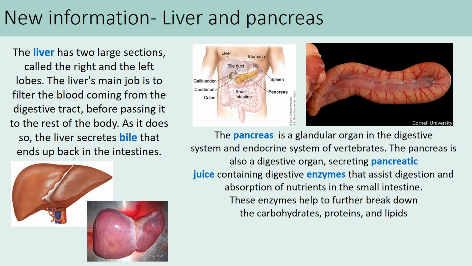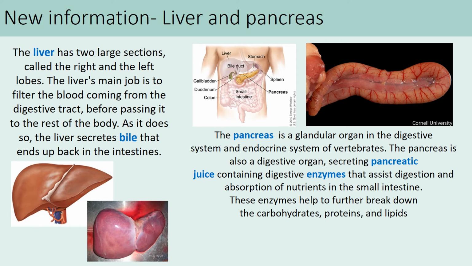Now, that pancreatic juice contains digestive enzymes, and they are really important because they take larger molecules like starch and break them down into smaller soluble ones such as glucose. So the pancreas is one of the places where these enzymes are made, and it secretes them into the small intestine.